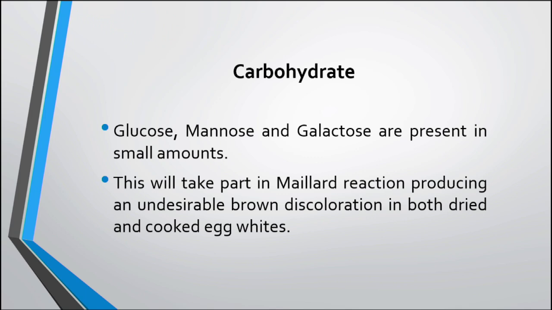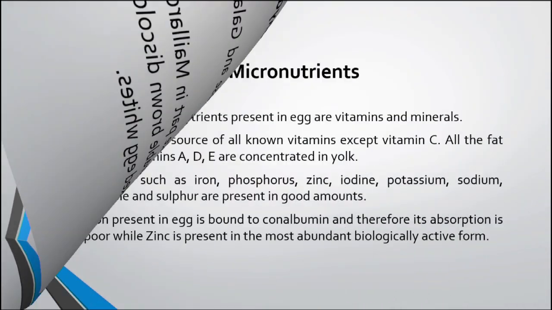They take part in the Maillard reaction, producing an undesirable brown discoloration in both dried and cooked egg white. When we subject the egg to long term boiling, the egg yolk shows some discoloration and brown color. That brown color is due to the Maillard reaction, which is a process involving these carbohydrates.